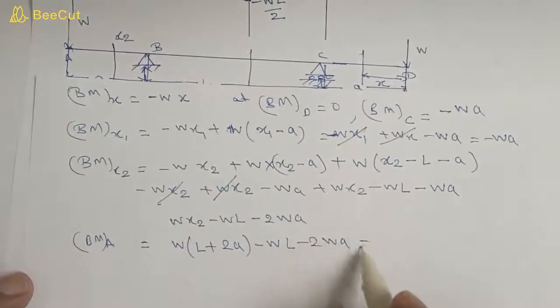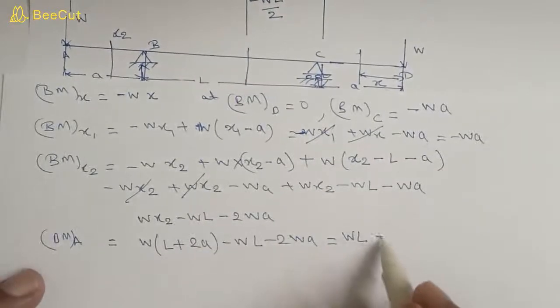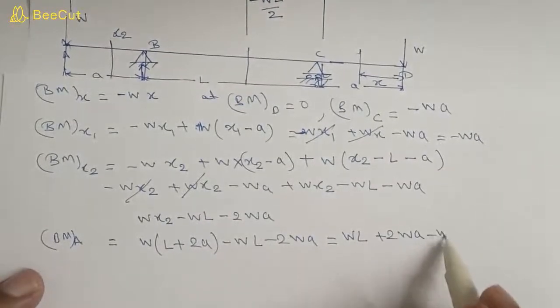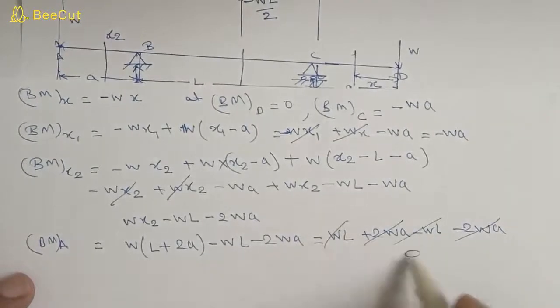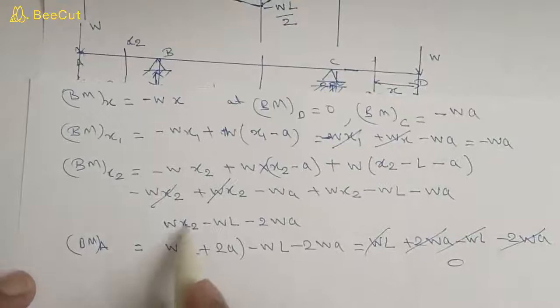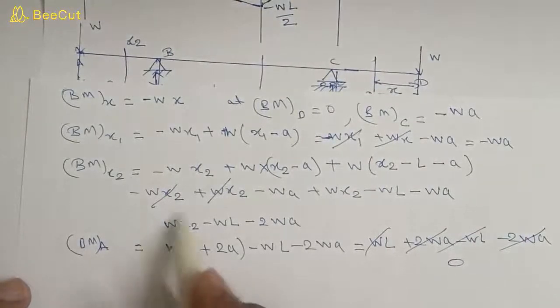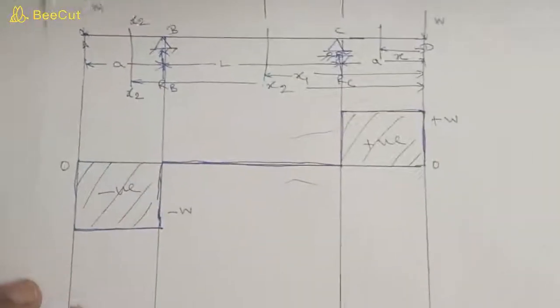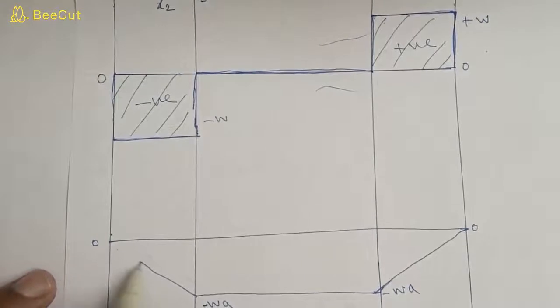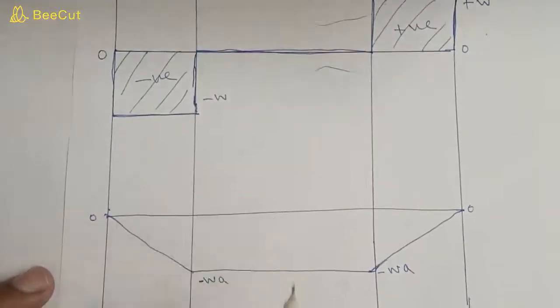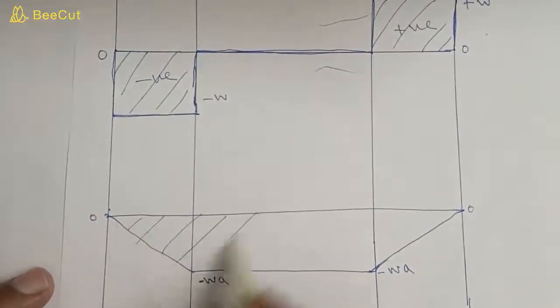So it will become Wl plus 2Wa minus Wl minus 2Wa. So it will become 0. And this is varying with W into x2, so it is a linear equation of a line. So we will draw a line here, and bending moment is 0 here. So we will join it like this. So this is the bending moment diagram for this beam.